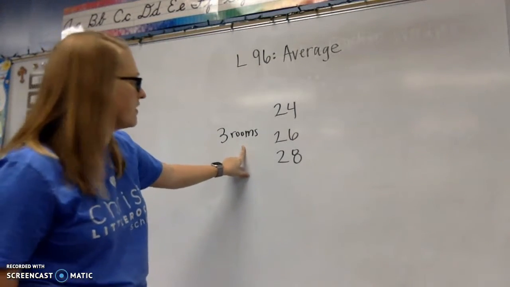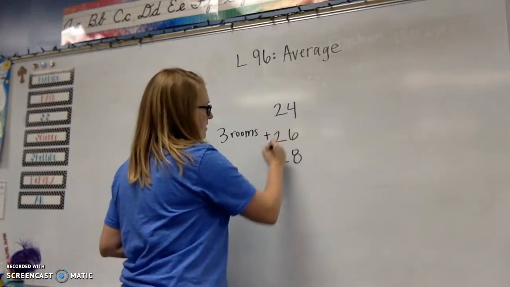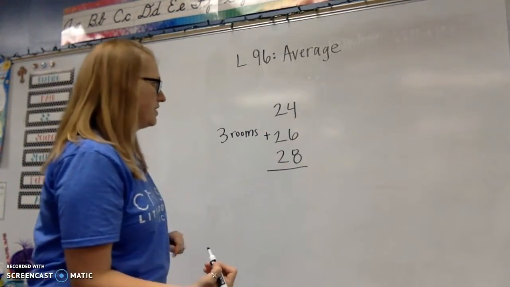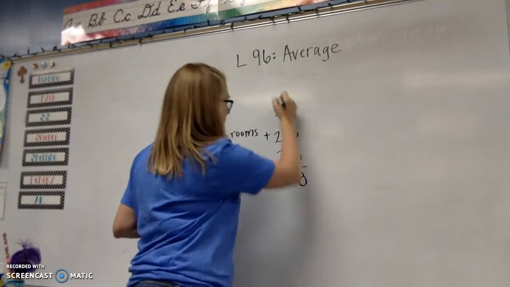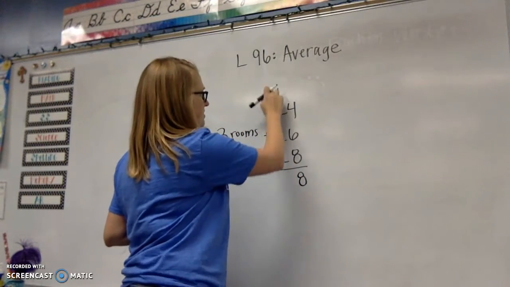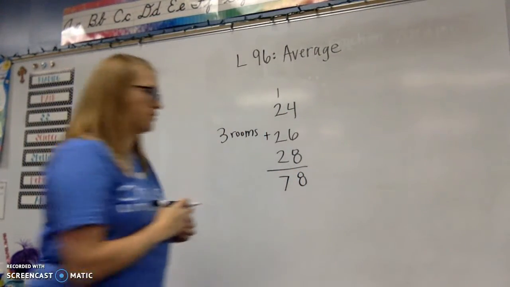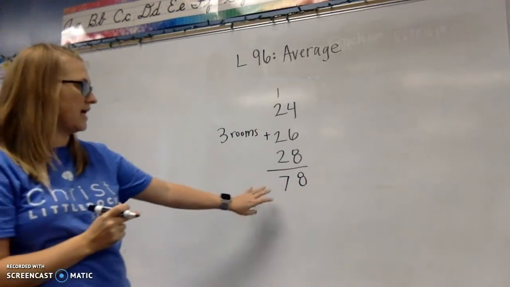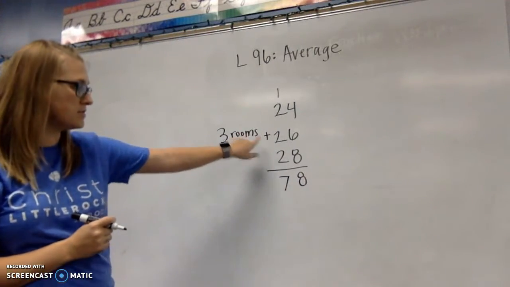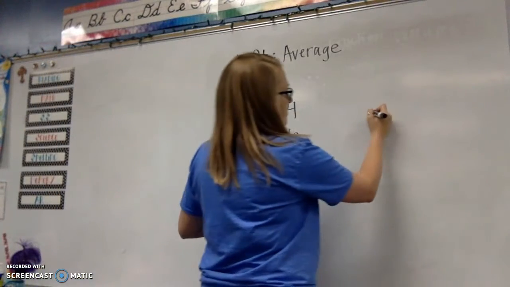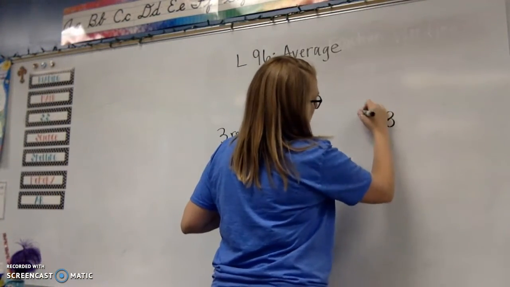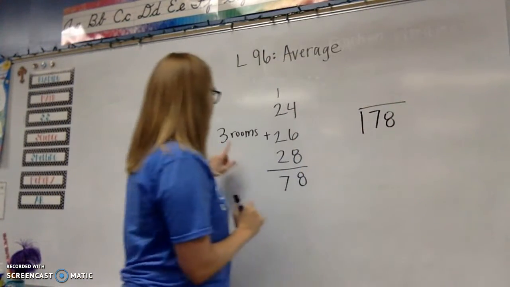So before we can figure that out, we're going to add together my total number of students. 6 plus 4 is 10, 18, 2, 4, 6, 7. So the total number of students that I have in all 3 of my rooms is 78 students. Now I'm going to take that number, 78, and I'm going to divide by the number of rooms.